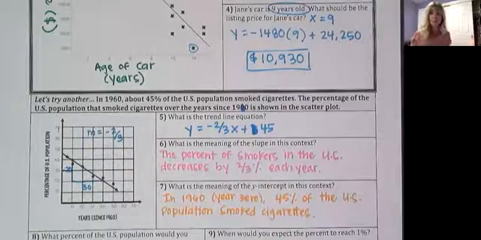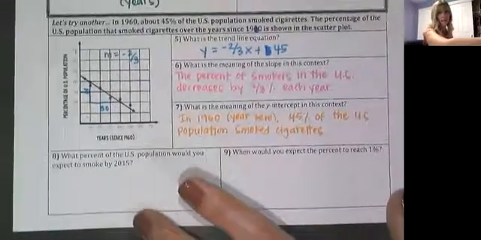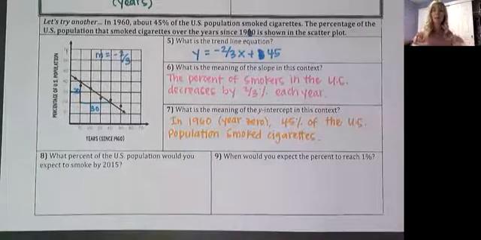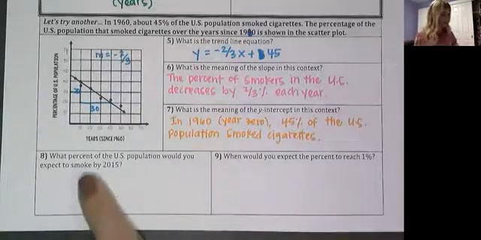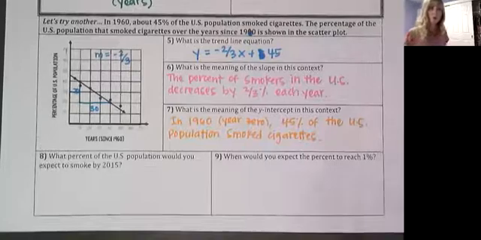Now, we're going to take that a step further. We're actually going to use this algebra to help us answer some questions. Now, be careful because things get a little tricky when you redefine it as 0 meaning 1960, when the years become like that. So for example, right here, what percent of the US population would you expect to smoke by the year 2015?